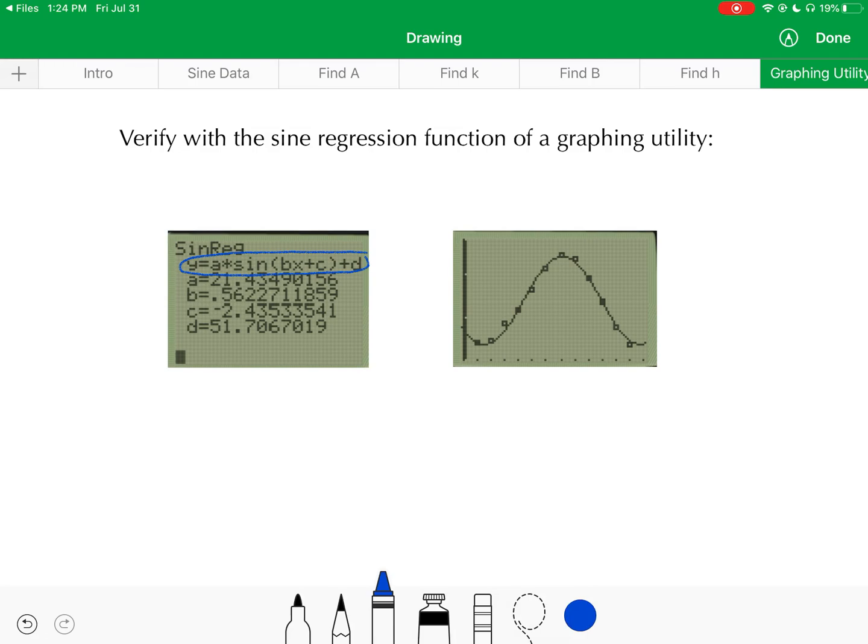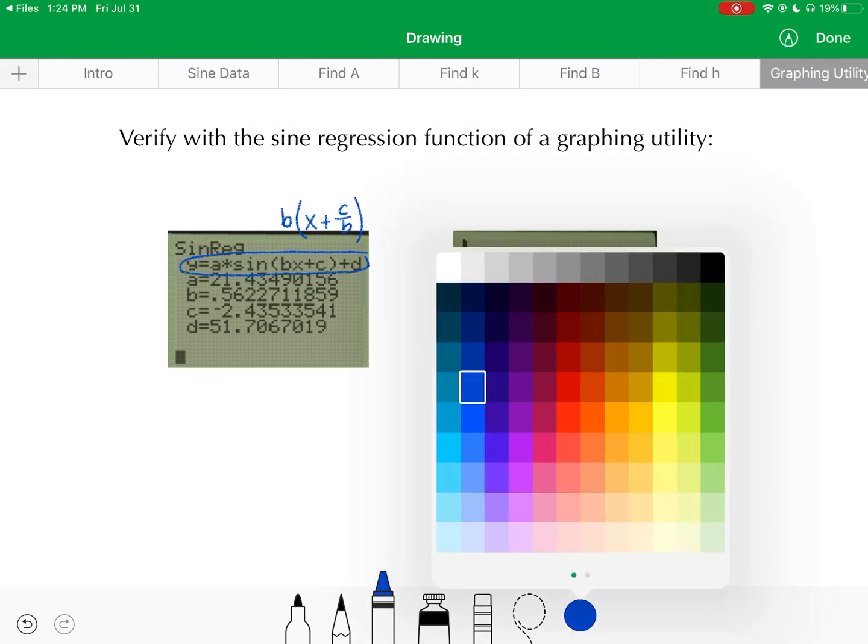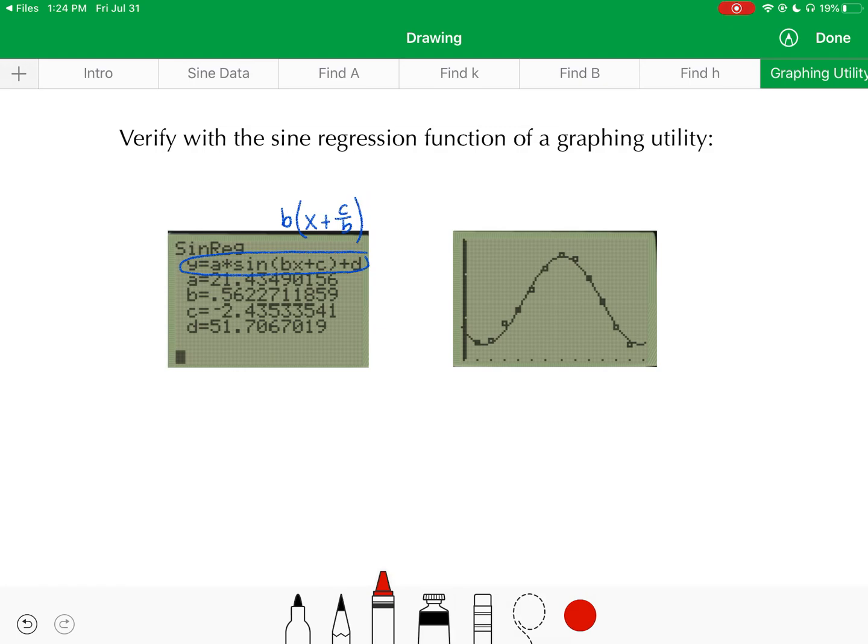We'd have to take whatever values they give us here and think of it like this, where the b's been factored out from c, and now the value of c over b is going to be somewhat close to the H value that we found by hand, okay? But the A and the values for D should match our values of A and K that we found by hand.